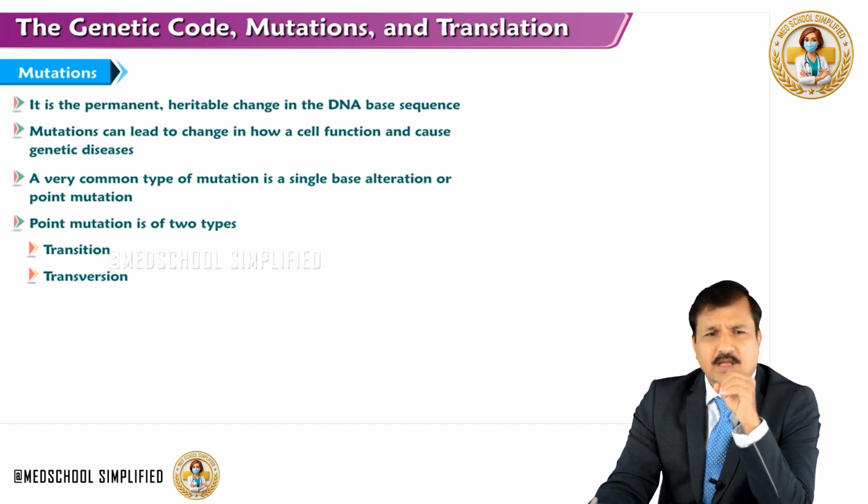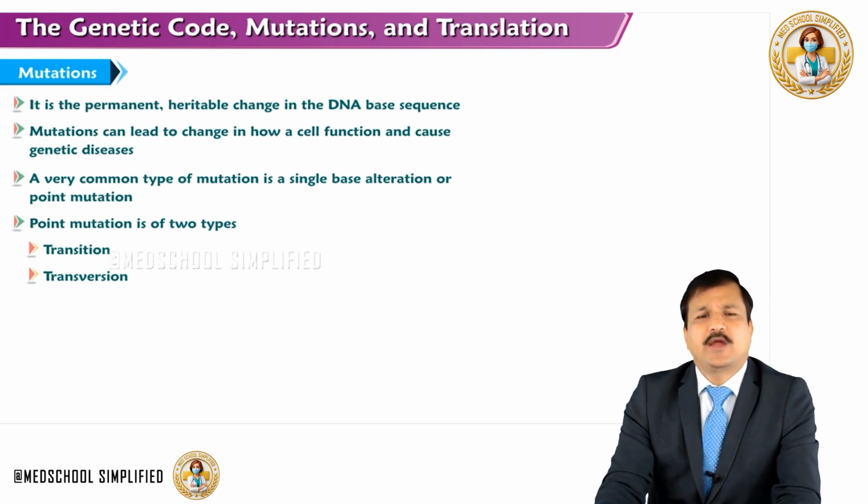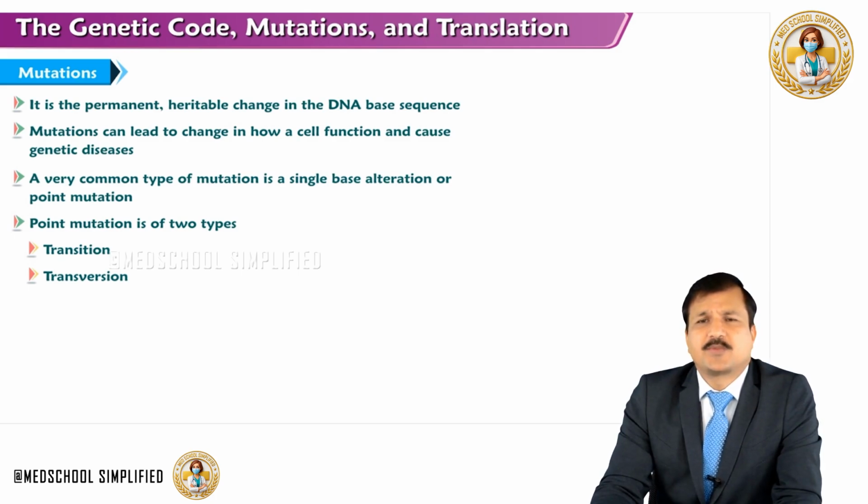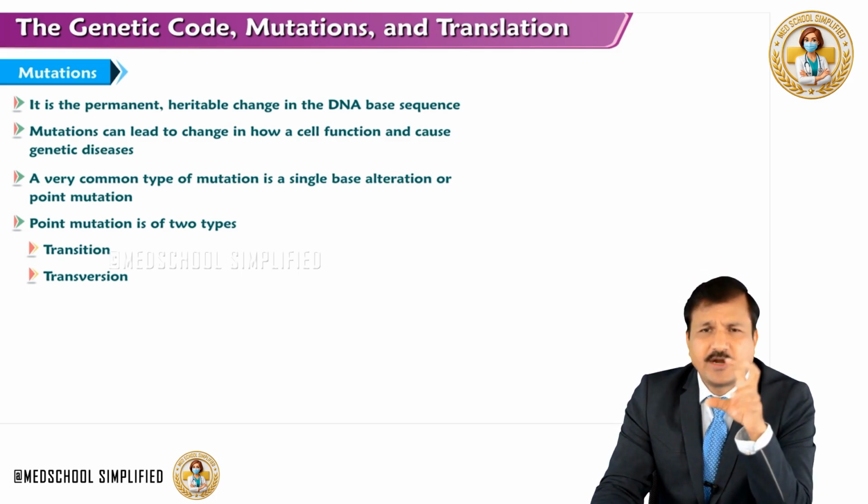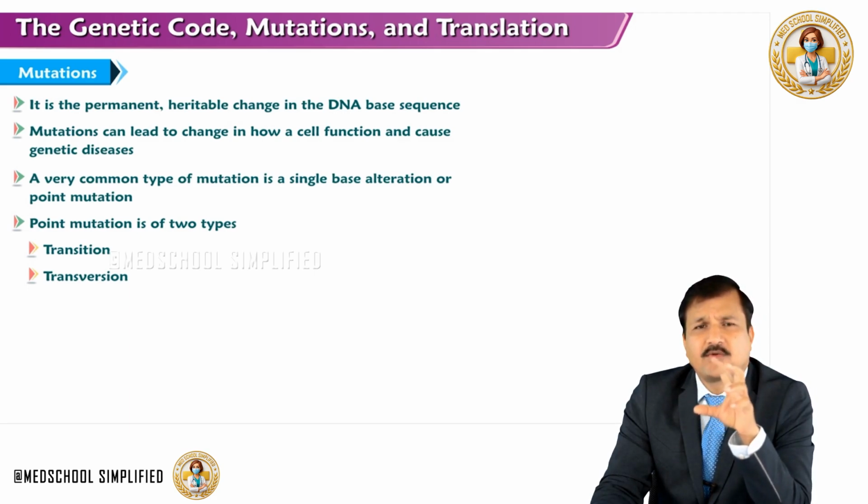A very common type of mutation is a single base alteration, also referred to as a point mutation. A transition is a point mutation that replaces a purine-pyrimidine base pair with a different purine-pyrimidine base pair. For example, an adenine-thymine base pair becomes a guanine-cytosine base pair.